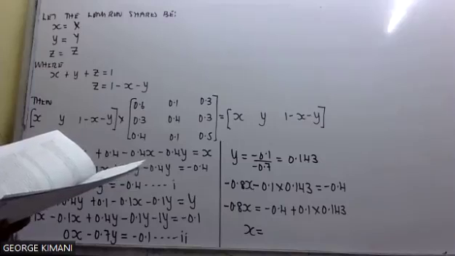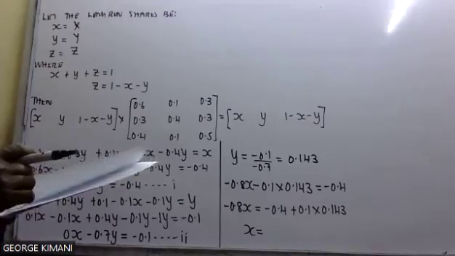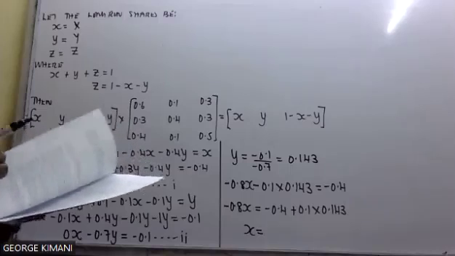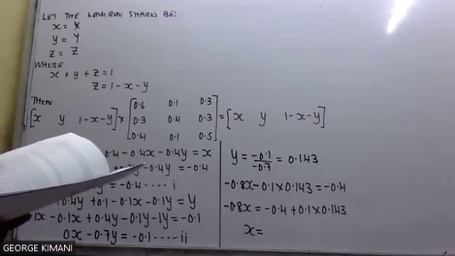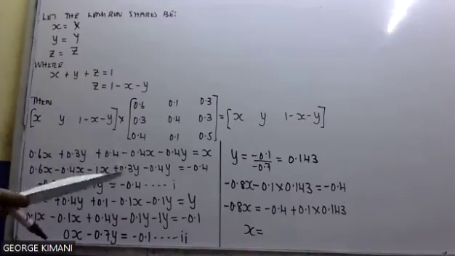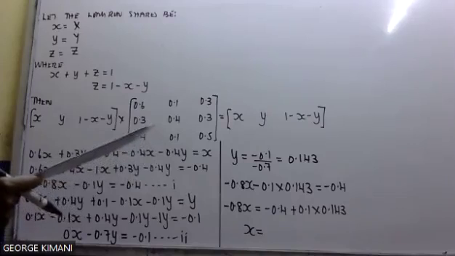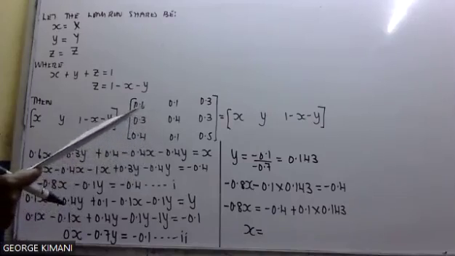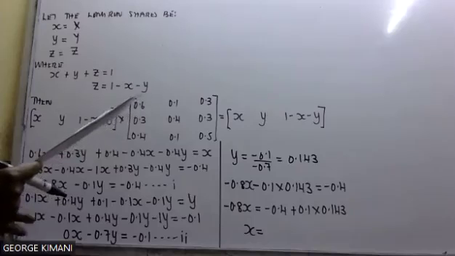Minus 0.4 plus, okay, minus 0.4 plus 0.0143 equals to 0.3857 divided by 0.8.